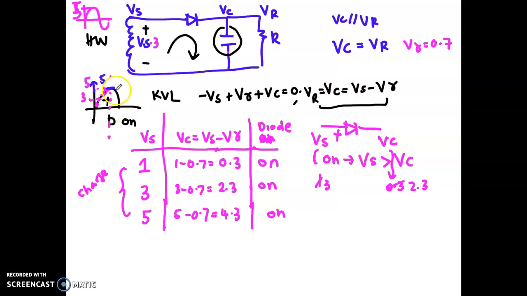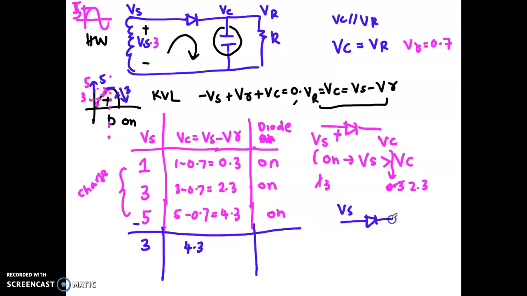At this point, your input will start to decrease, right? This is the maximum. Now let's say it decreases back to 3. When it is 3, you know what the role of the capacitor is? It will hold the charge, so it will maintain 4.3 here. Check this condition: this is your diode.